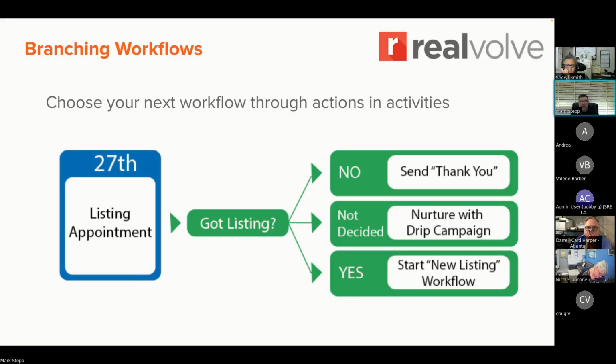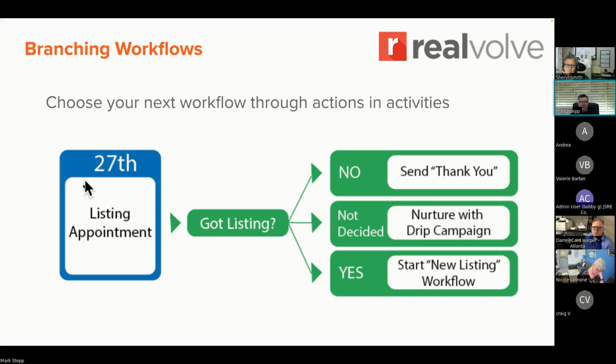There's one of 3 things that could have happened. They could have either said, no, I don't want to list with you right then and there. They may have not decided yet. Hey, we're going to discuss it, call you back. Or you walked out of there with a signed listing agreement. Okay. One of those 3 things probably happened. There could be others, but in this example, those are the 3 choices you would typically have.